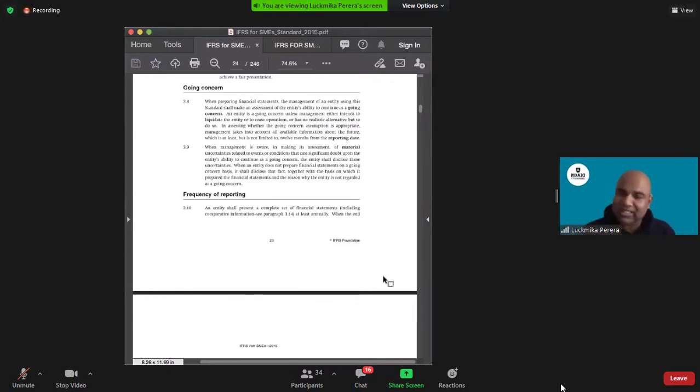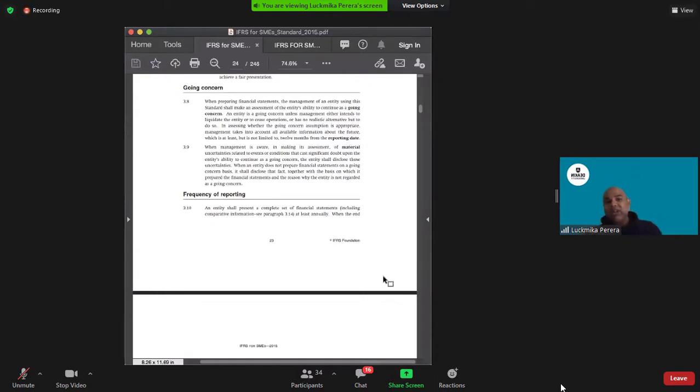Does that make sense? Meaning, when you are making a determination about the organization, you need to be conservative in your decision making. So if you feel that an asset is worth 10,000 rupees, but conservatively you want to put a lower limit, I'll rather go for the lower limit than the higher limit, if that makes sense.